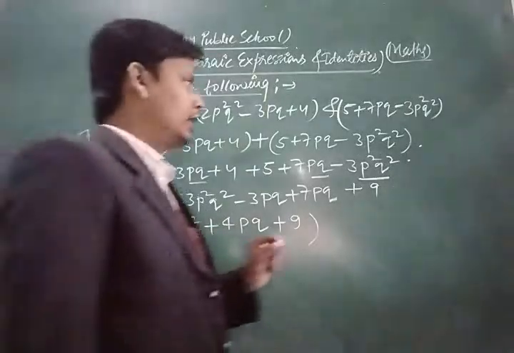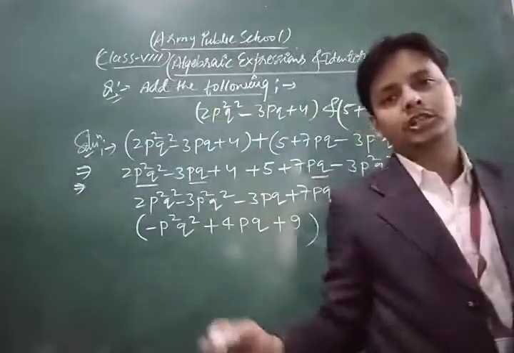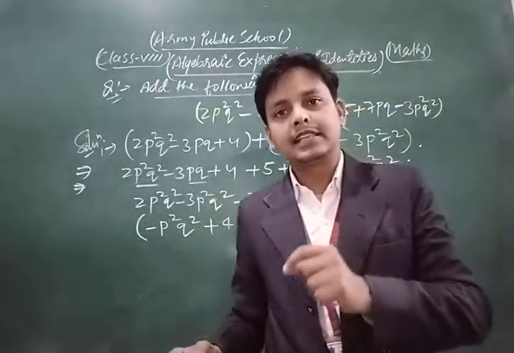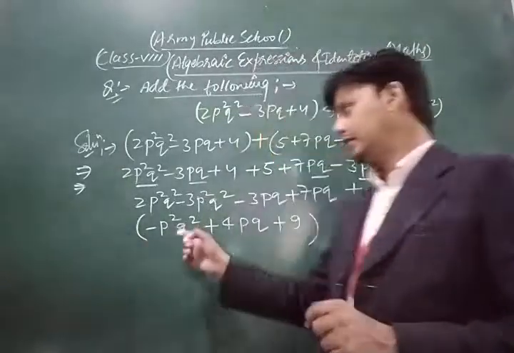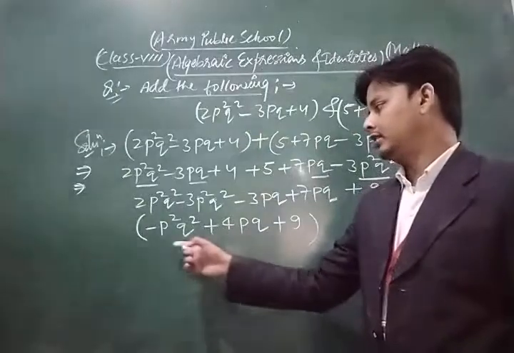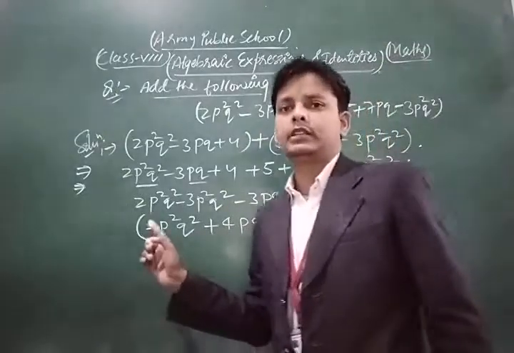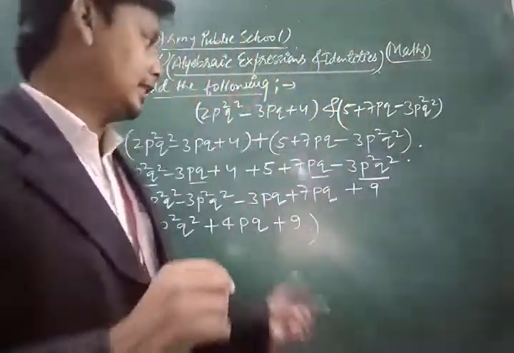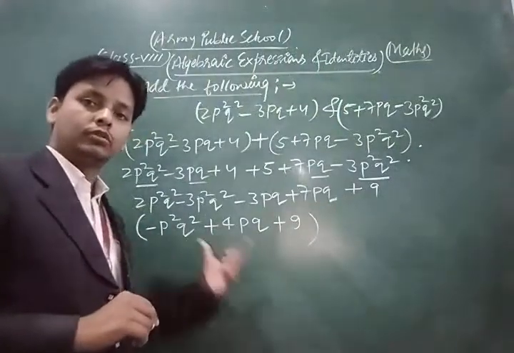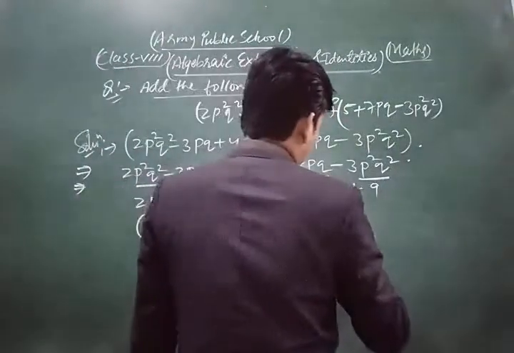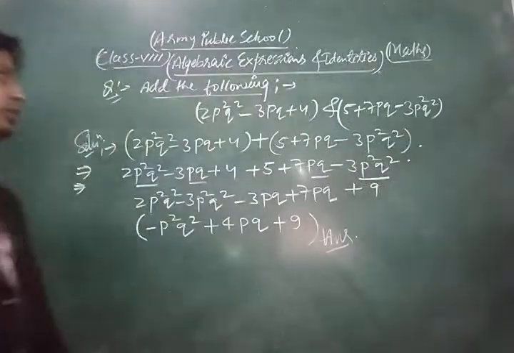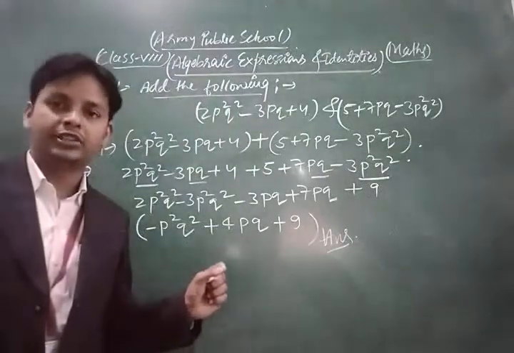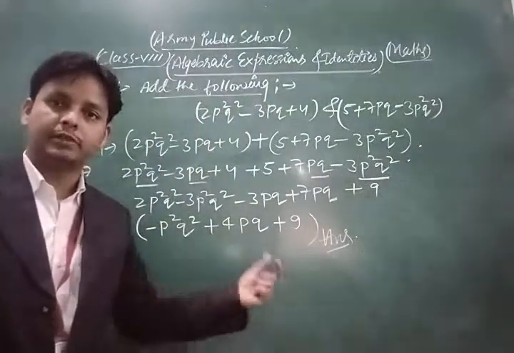You know that like terms are those terms which have the same algebraic factors, but here all the terms are unlike, so there are no like terms. This is our final answer. In this way you can solve each and every question of your NCERT exercise based on these topics.